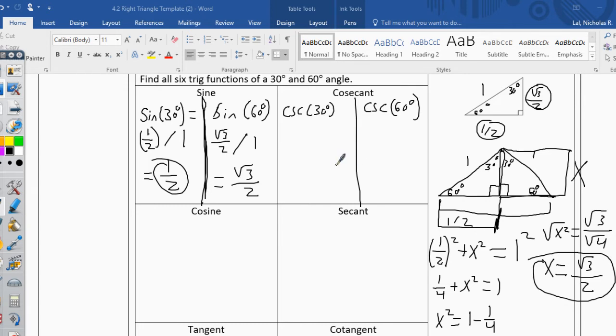Sorry, the cosecant is the hypotenuse over the opposite. So for 30 degrees, the opposite side is 1/2 and the hypotenuse is 1. But the cosecant is hypotenuse over opposite. So that's 1 over 1/2.